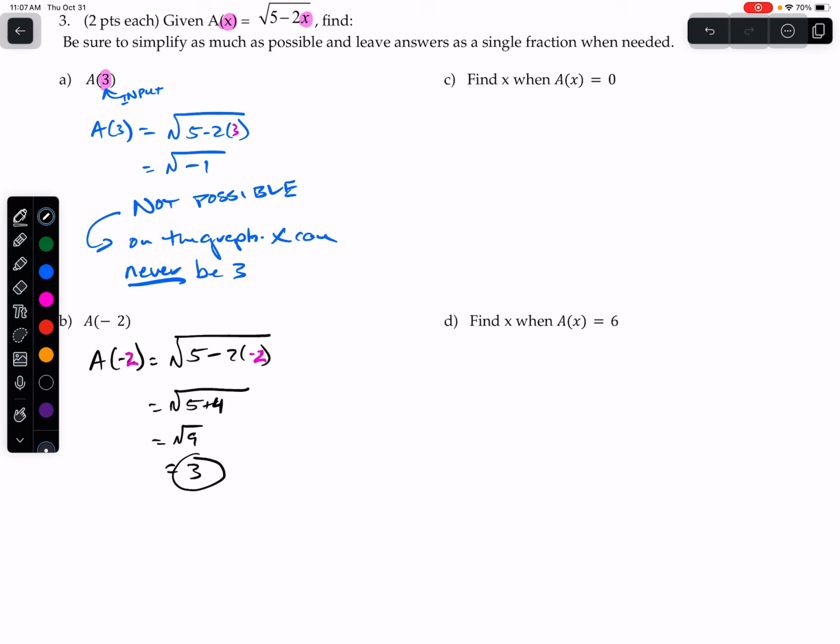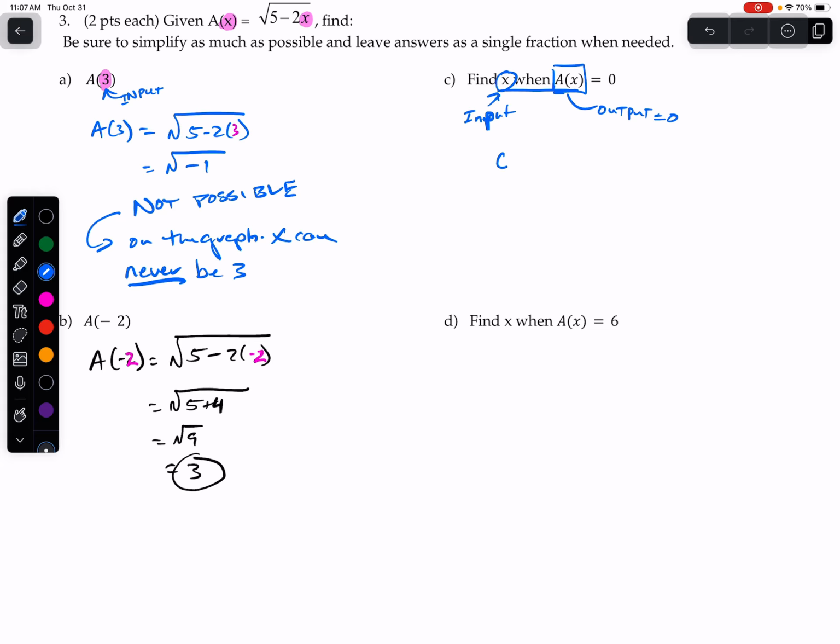We've talked about this a little bit in class as well as it having been on previous recaps. Find x. So I need to find the input when a of x, my output, equals 0.